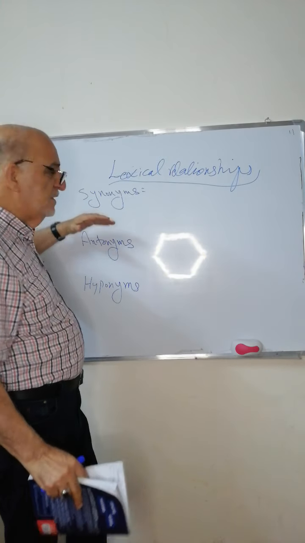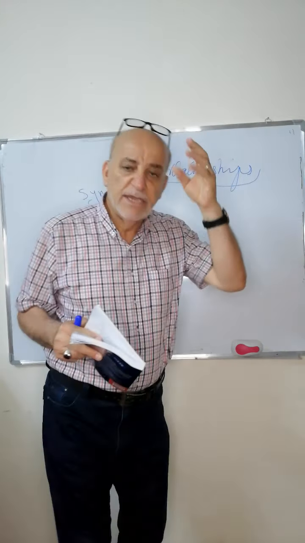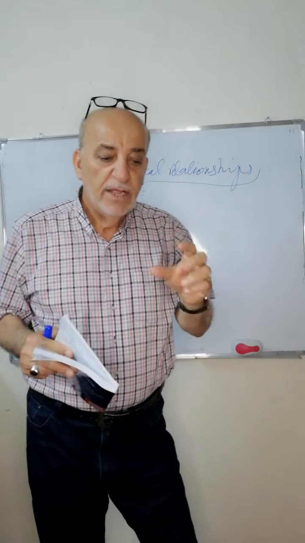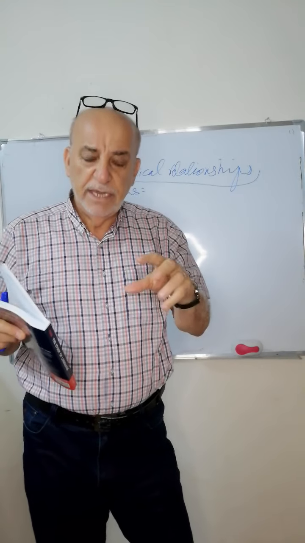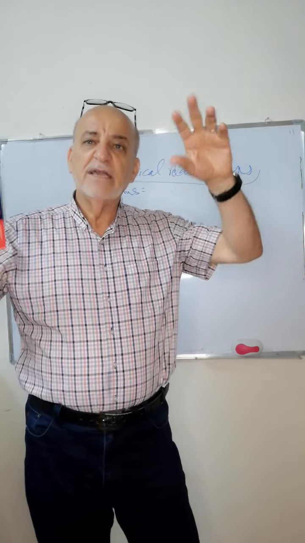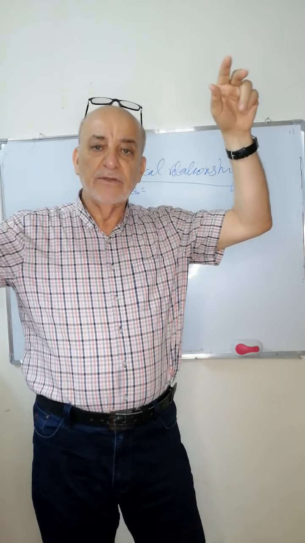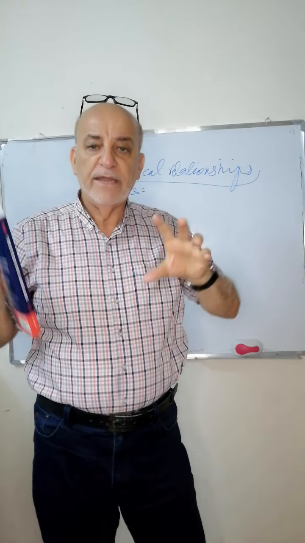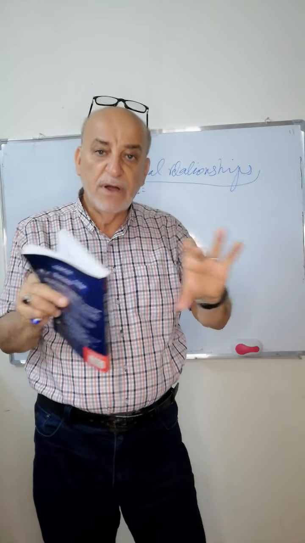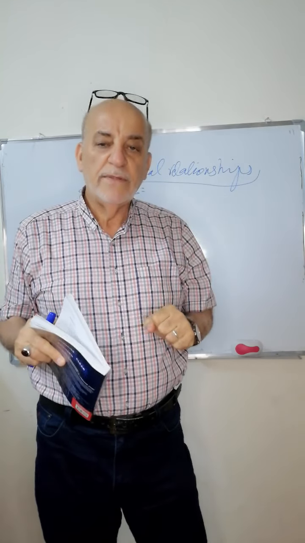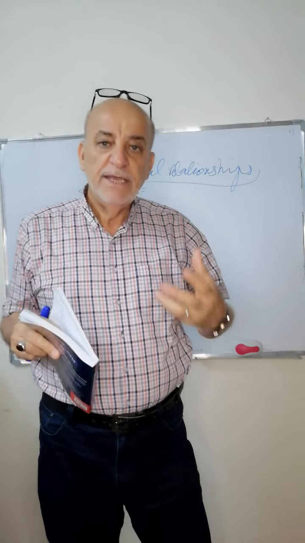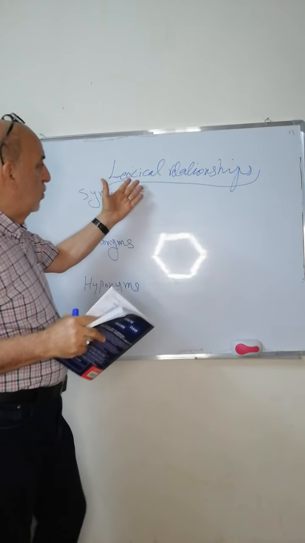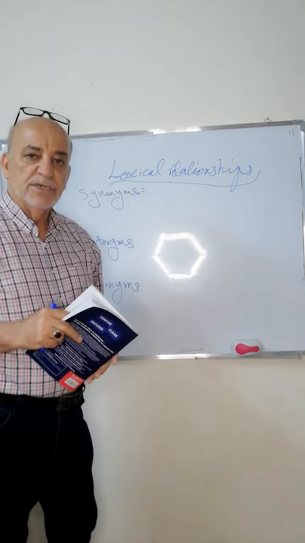Now, as I said at the end of the last video, words in a language are not like particles flying in the air. There are ties between these words. These ties are called lexical relationships.